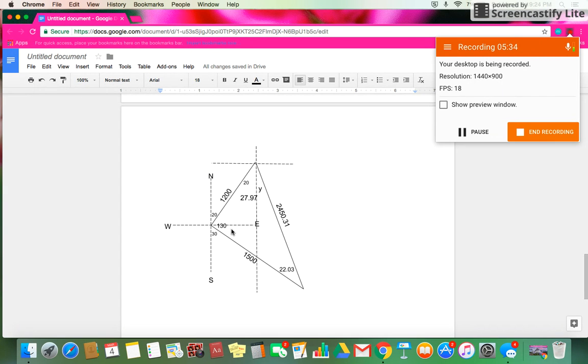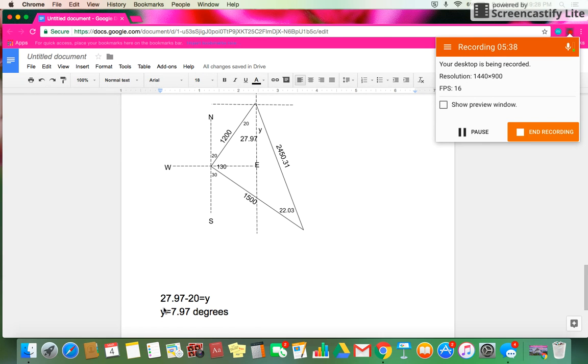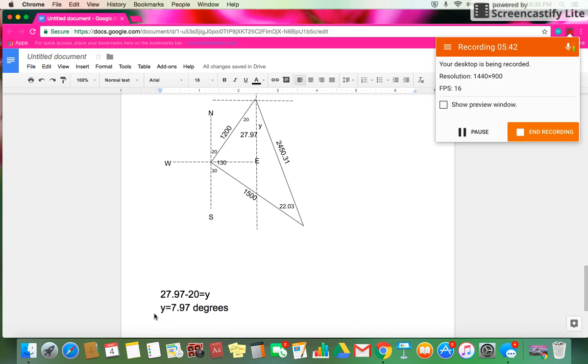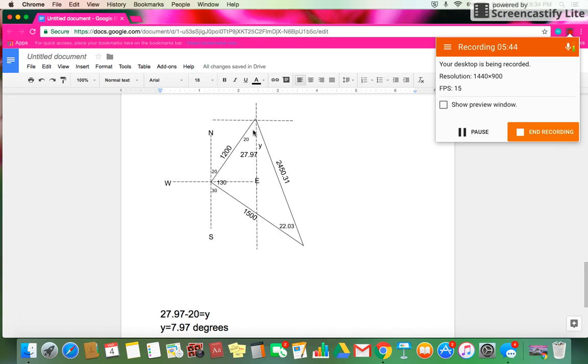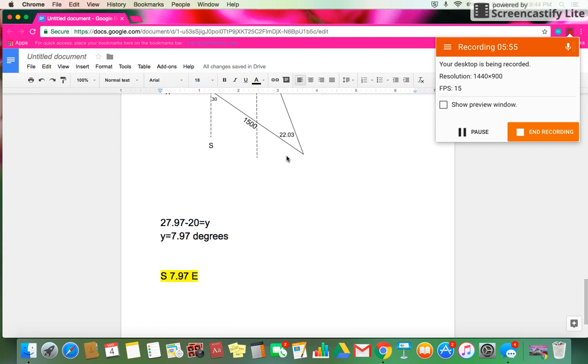And then 27.97 minus 20 is y, and then y ends up being 7.97 degrees. So then the bearings, since you're going to be starting south and then moving toward east 7.97 degrees, the answer to the second question is the bearings is south 7.97 degrees east.